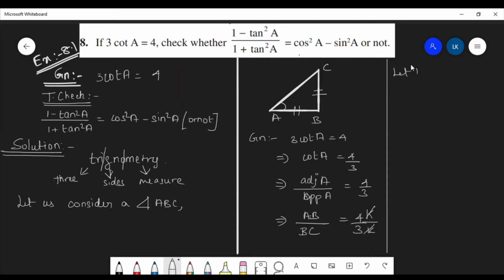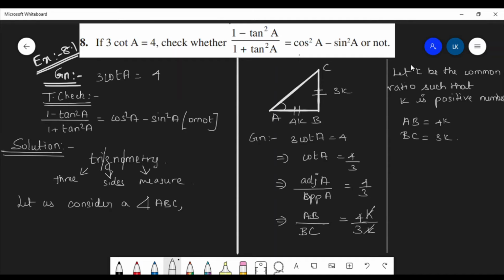Let K be the common ratio such that K is a positive number. So AB is equal to 4K and BC is equal to 3K.